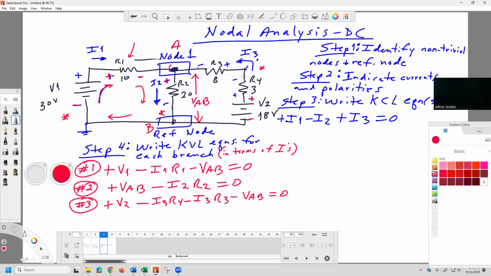So we went from here to here, from here to here, and from here to here. We just went around in a loop. So what I'll do is copy this to the next page so I don't have to rewrite it.